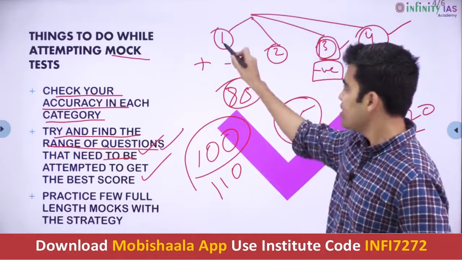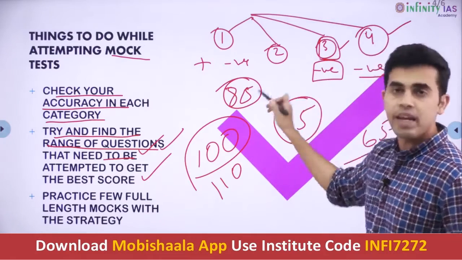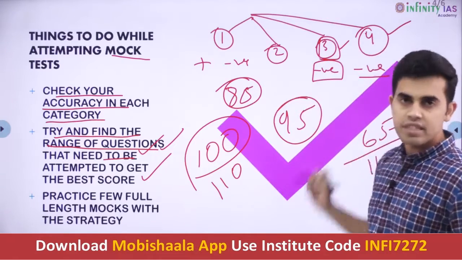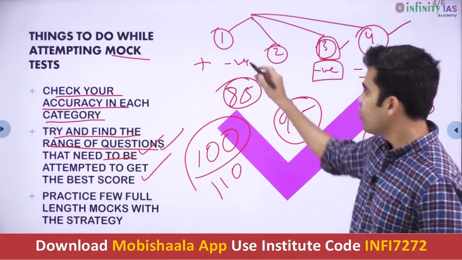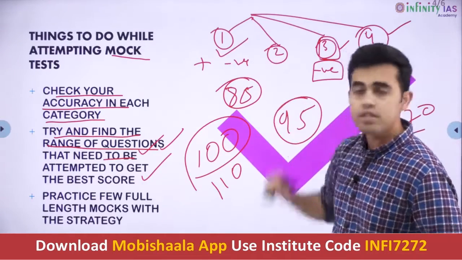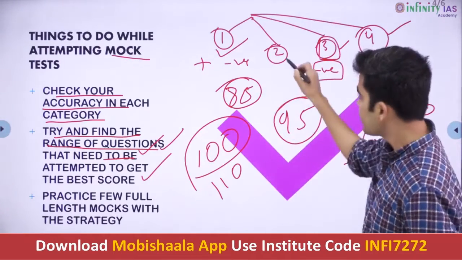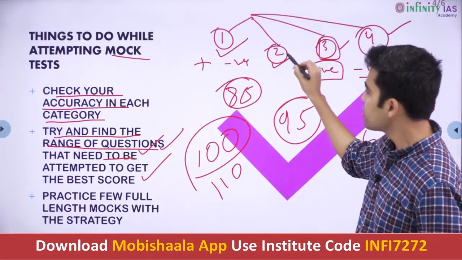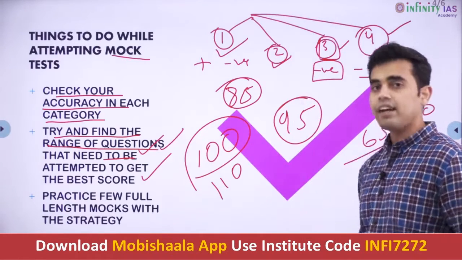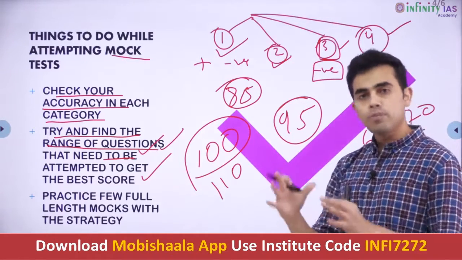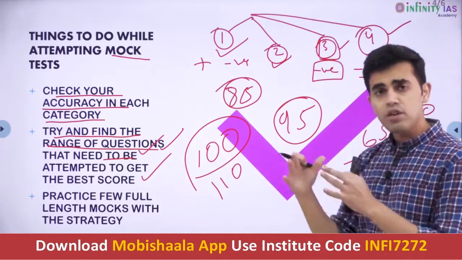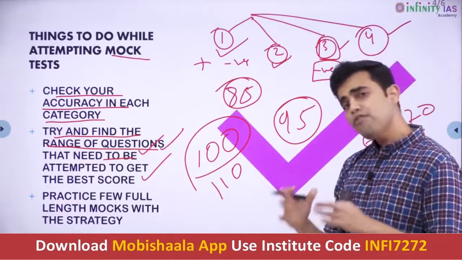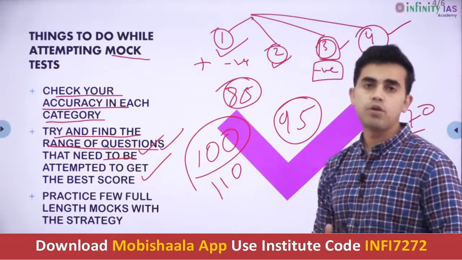So calculate the number of questions that need to be attempted from each of these categories so that you are getting the best score. You will obviously attempt all the questions from the first category. Then see how many questions attempting from the second category is giving you a good positive score. Then again see how many questions you are attempting from the third category will give you a good positive score.